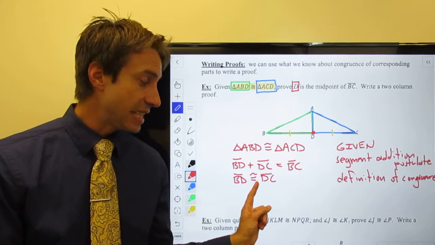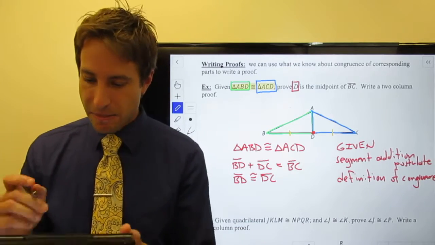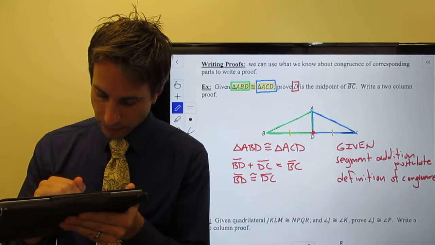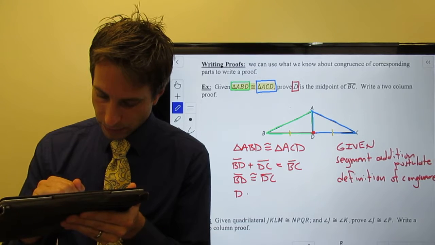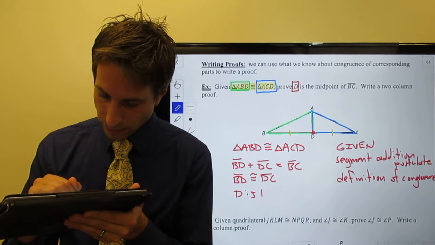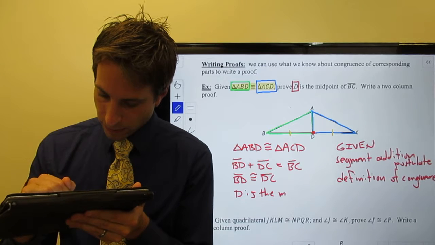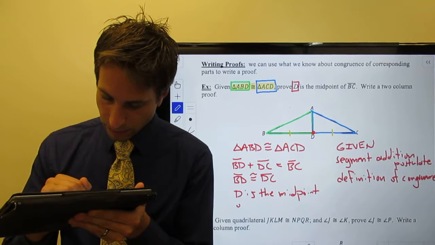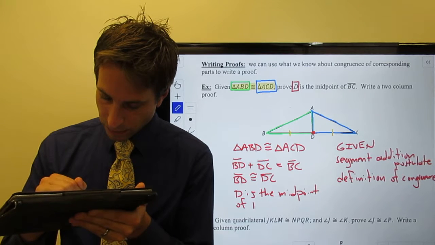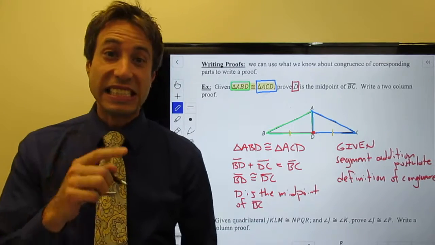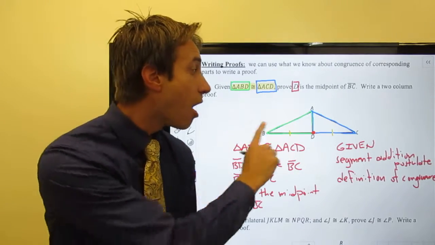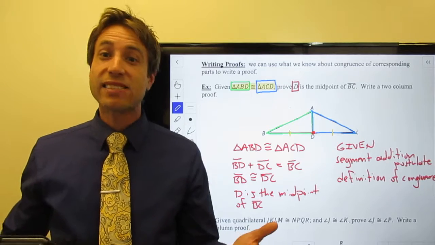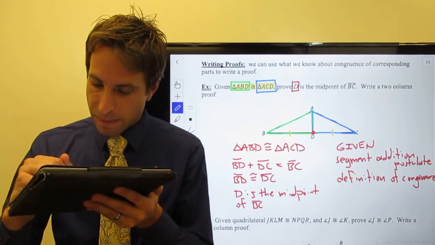Well, I know that D must be the midpoint. D is the midpoint of line segment BC. How do I know that? It's the definition of midpoint.